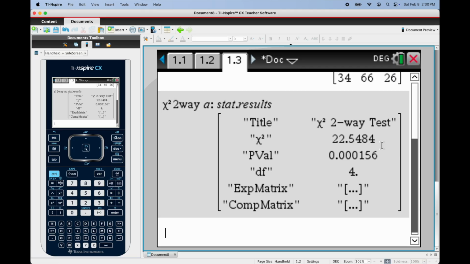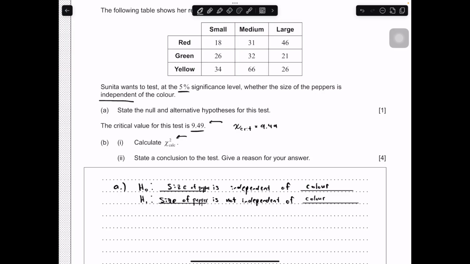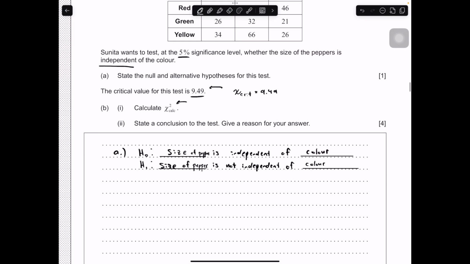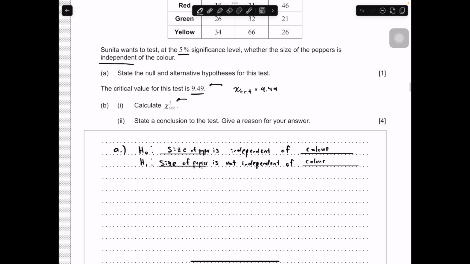So let's go back to the document for a sec and look at what we have here. Okay, so state the conclusion of the test. Give a reason for your answer. So the significance level was given as 5%, so I'm actually just going to write this out. P-value is 5%, or 0.05, right?